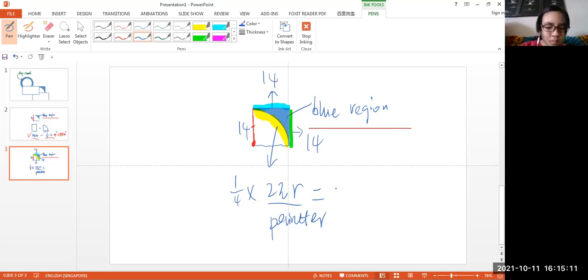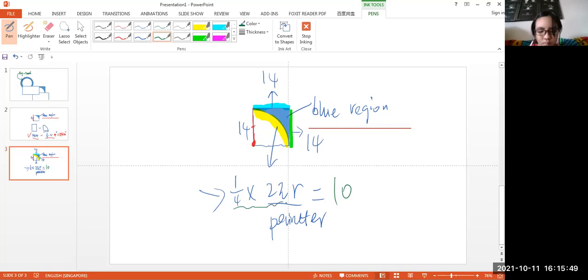Round to whole number. I want to have this one first. What's this one? Whole number is 10.